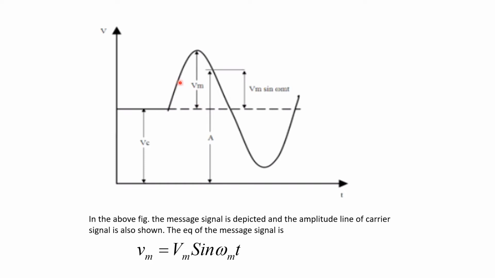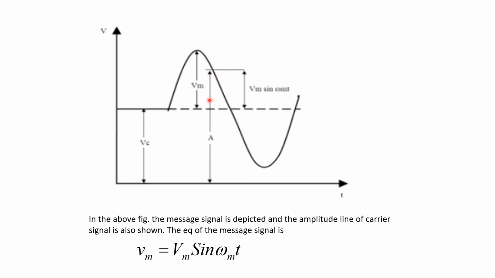As we can see, the amplitude of the message signal is less than the amplitude of the carrier signal. Therefore, it is a case of under modulation or linear modulation. And the equation for the modulating signal is Vm sin ωmt, or we can say that the instantaneous value of the modulating signal at a particular instant of time is Vm sin ωmt.